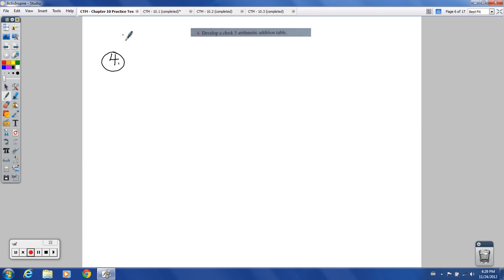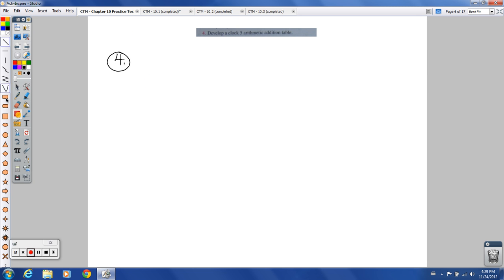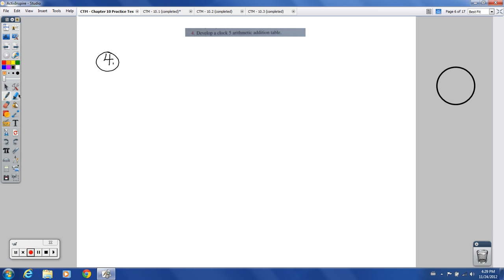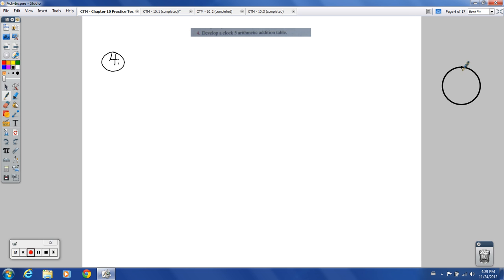So for the sake of clarity, I will draw a circle here off to the side and make sure it's not filled in. Around here, we're splitting this up into 5 equal parts, so it's basically like the vertices of a pentagon. 1, 2, right about there, right about here.